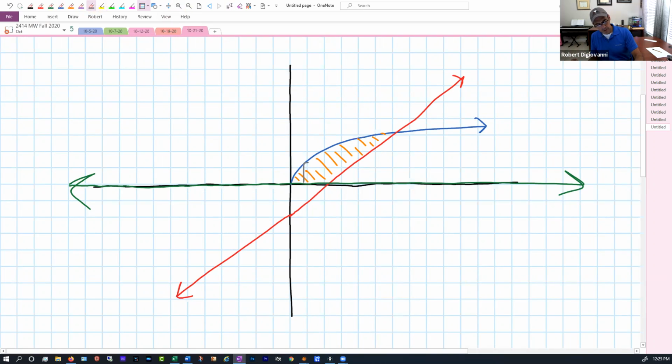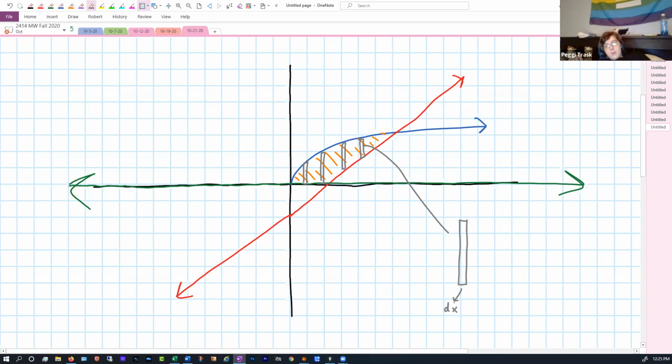So we got rectangles, they're all over the place in here. Is there a way that you can find me a formula for a single rectangle? Like if I pick this rectangle here, first, can you tell me how wide it is? dx. It'll always be dx, okay?